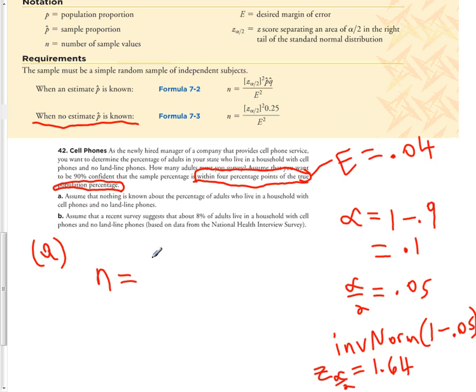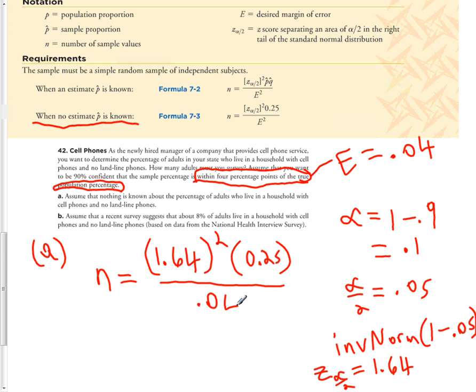N is then equal to the z of alpha over 2, which is 1.64 squared, times 0.25 times 0.25, divided by e squared. Well, we just found that e, the margin of error, was 0.04 because it said we wanted to be within 4 percentage points, and this is also squared.